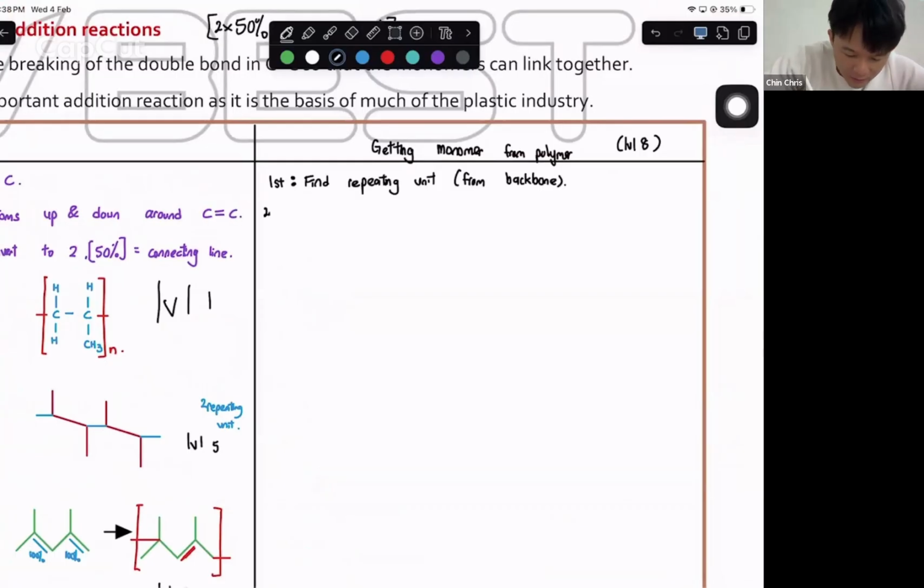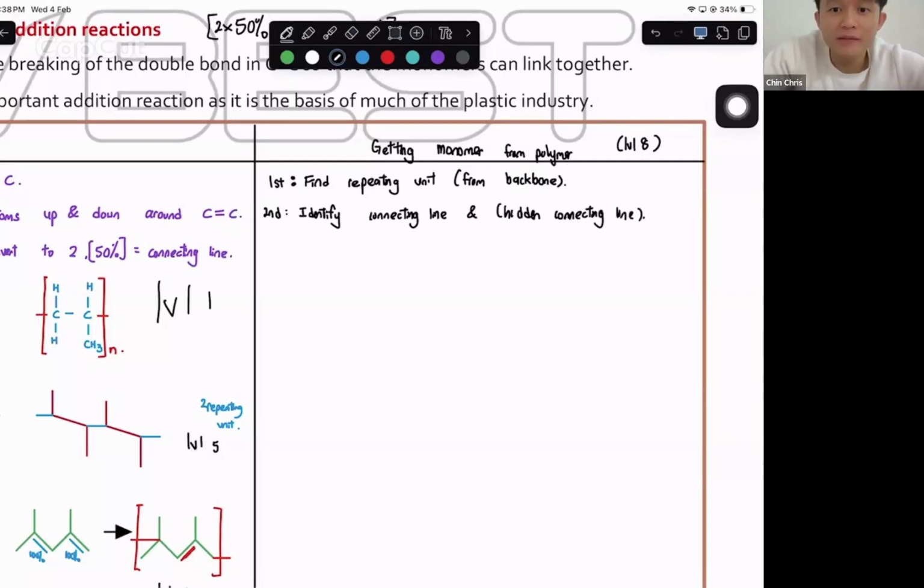Second, identify your connecting line, and also a hidden connecting line. Sometimes you have a hidden one. So identify a connecting line. That would be 50%.